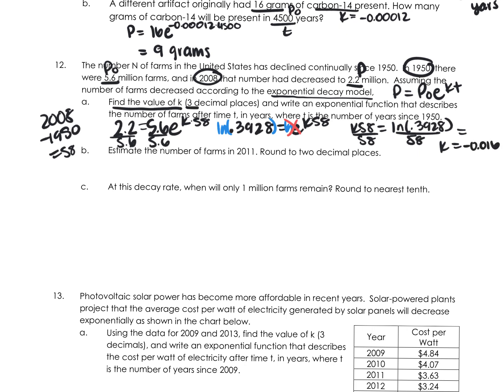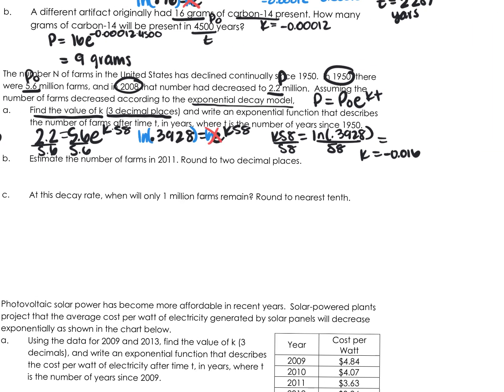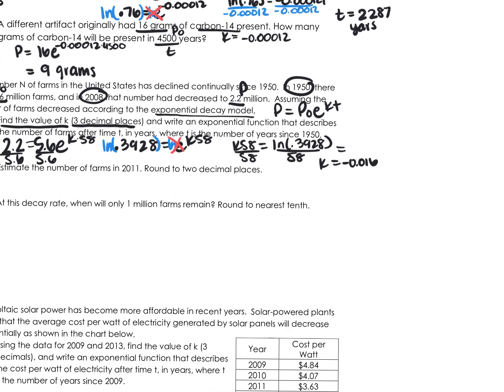It says to round k to 3 decimal places. And then we'll write an exponential equation that describes the number of farms. So I'm going to have to do that off to the side here. So for the second part here, when it says write an exponential equation, remember you're going to plug in P0 and K whenever you're doing that. So we'll plug in our starting amount, which is 5.6, and our K that we just found.